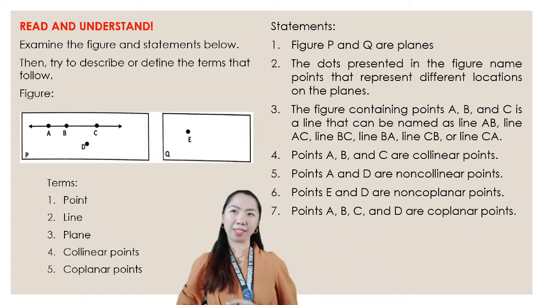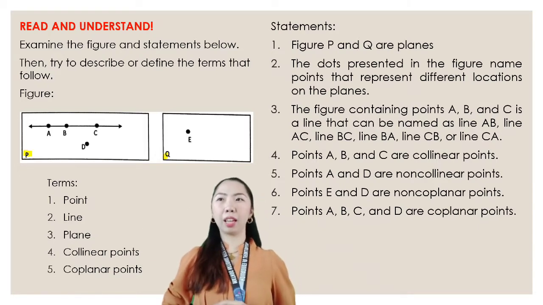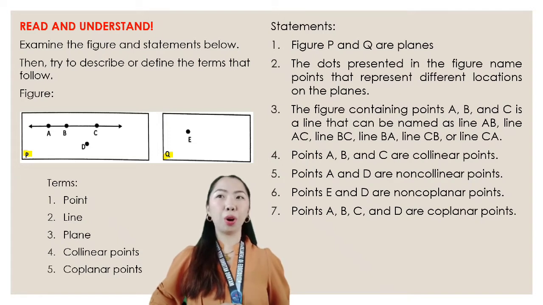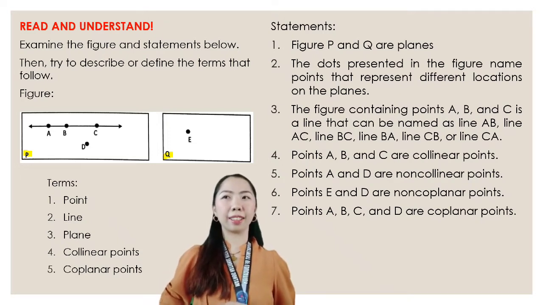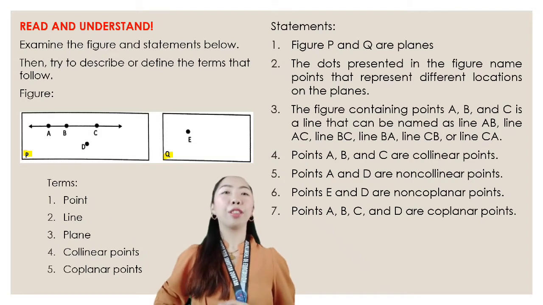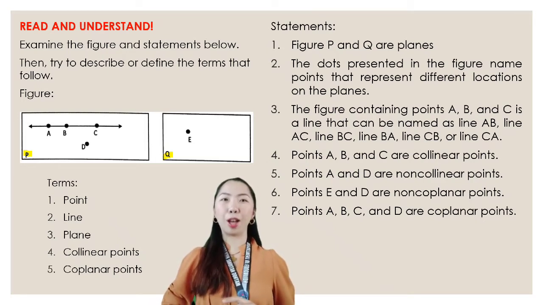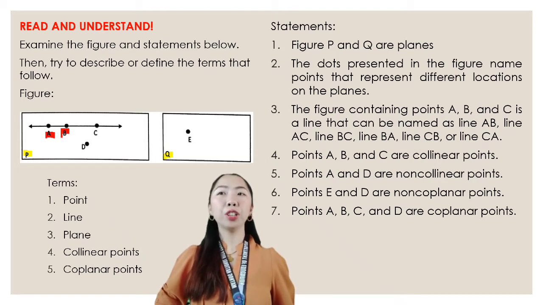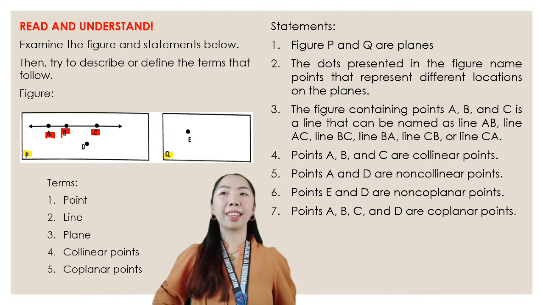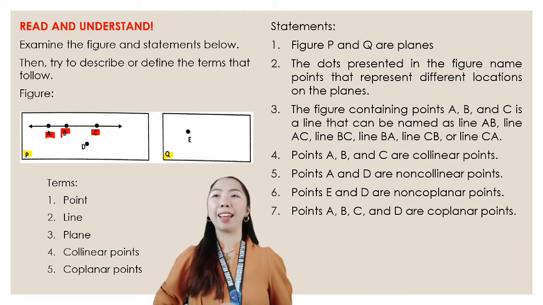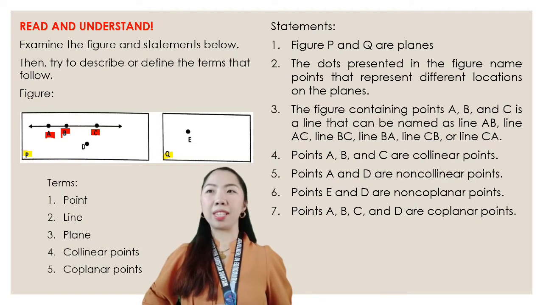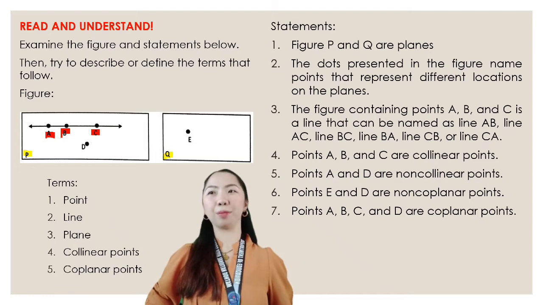Let us read the statements. Number 1. Figure P and Q are planes. Number 2. The dots presented in the figure name points that represent different locations on the planes. Number 3. The figure containing points A, B, and C is a line that can be named as line AB, line AC, line BC, line BA, line CB, or line CA.